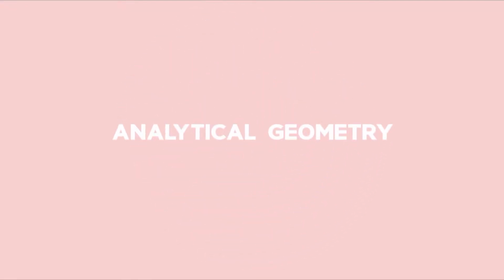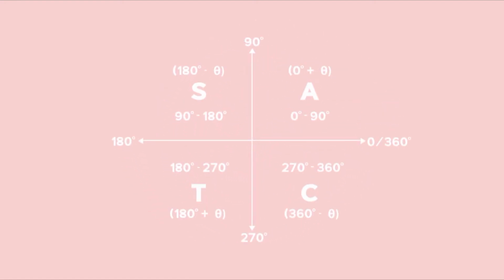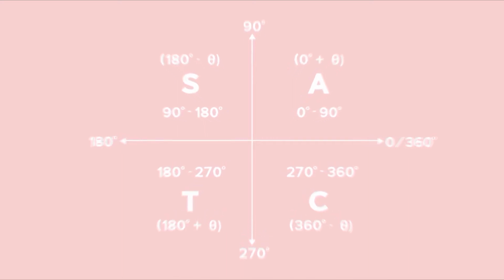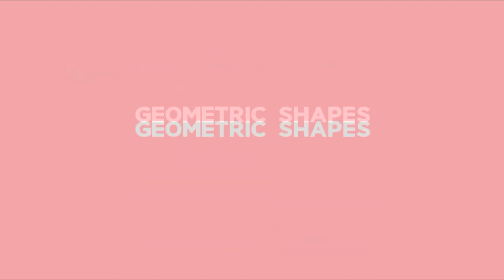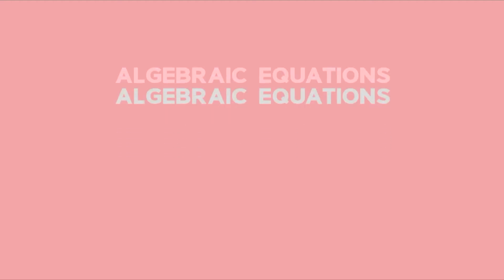Analytical geometry, also referred to as Cartesian or coordinate geometry. Analytical geometry uses algebraic methods to represent and solve geometry problems. The correspondence between geometric shapes and algebraic equations means we can convert geometric problems into equivalent algebraic problems and solve using algebraic methods.